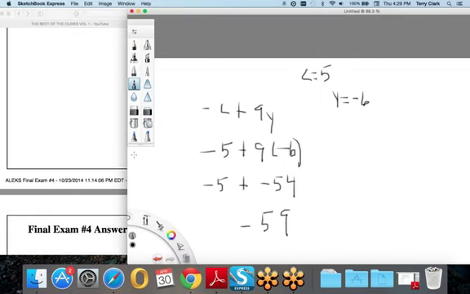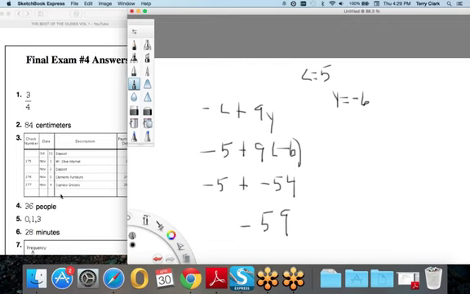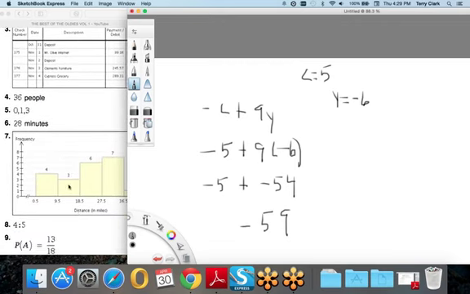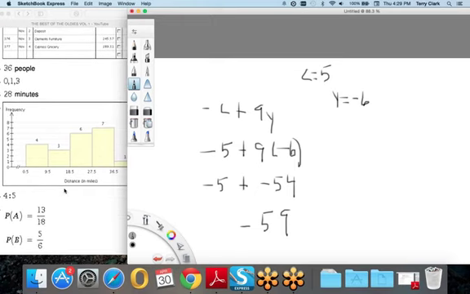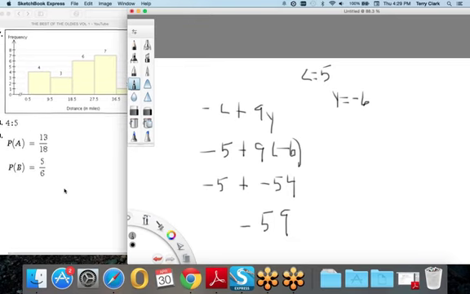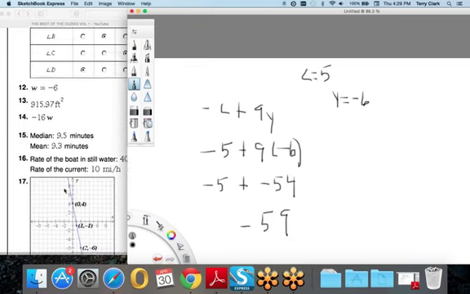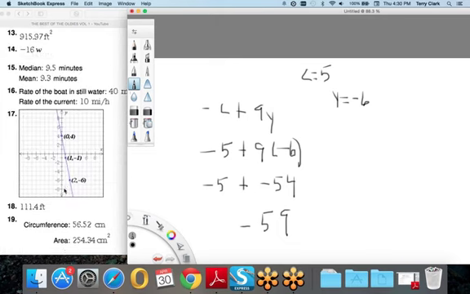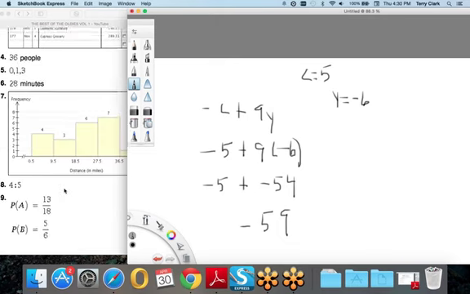Okay, guys, that wraps it up. You've got all the answers here for these problems. I would say pay close attention to the frequency histograms, both histograms, because I set them up, but obviously I can't draw them as well as the computer can.